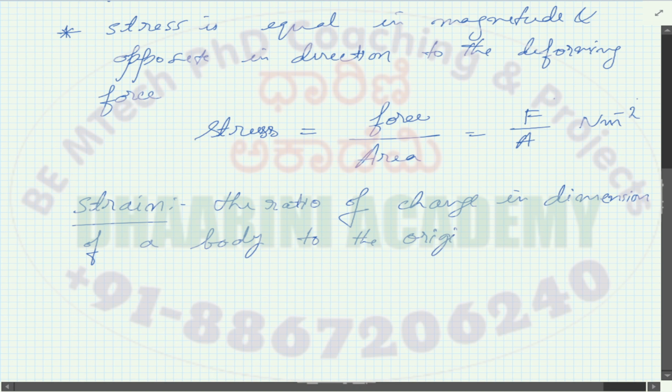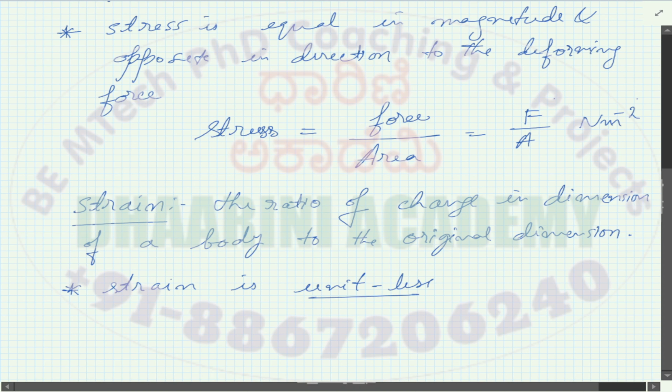So there is a change of 0.1 meter divided by 4 meters. That ratio is what is called strain. It's the ratio of the same units, meter per meter, so the meter cancels. Strain is unitless or dimensionless.